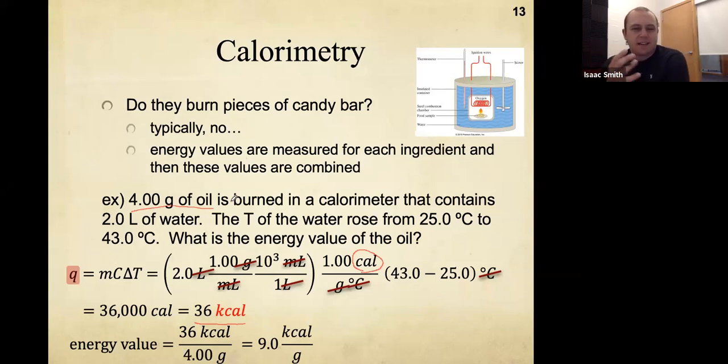If the question just asked how much energy is released by the oil, then you would just leave it in calories or kcals. Depends what your answer choices are. But if it's the energy value and the answer choices all have units of kcals per gram, you need to do the extra step so that your answer is in terms of kcals per gram. So a lot of times the answer choices will kind of help you understand where you need to be, right? Okay.